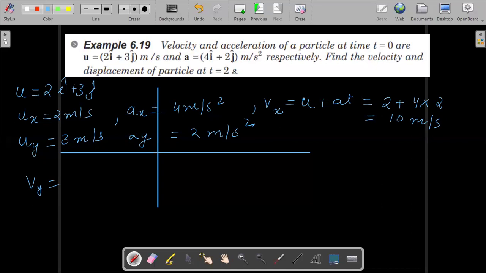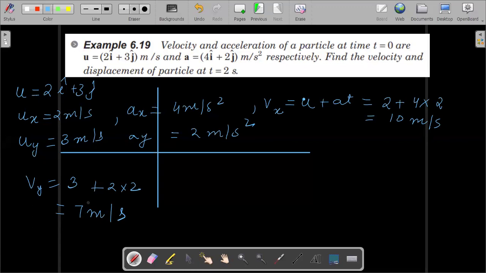Again, in the same way, you will use the velocity equation. Sir, I'm getting 7. Yes, it's correct. The velocity along the y direction is 7 meter per second.